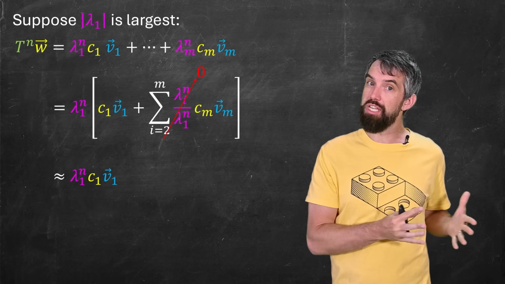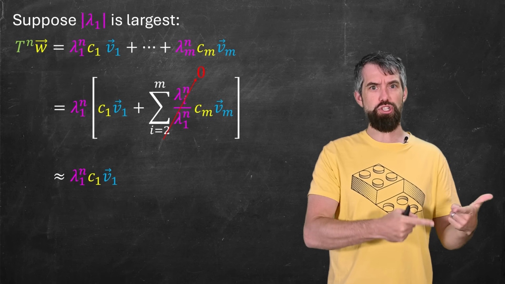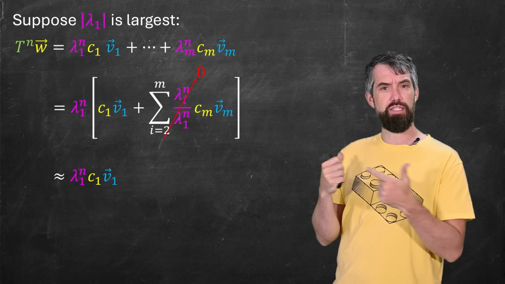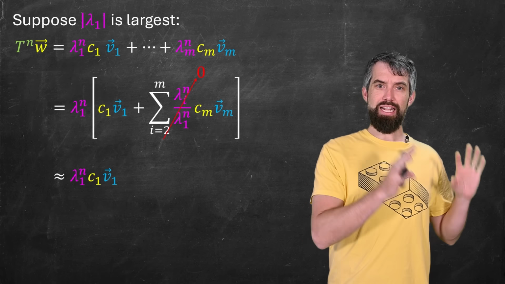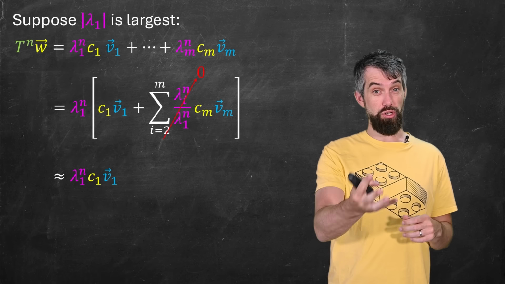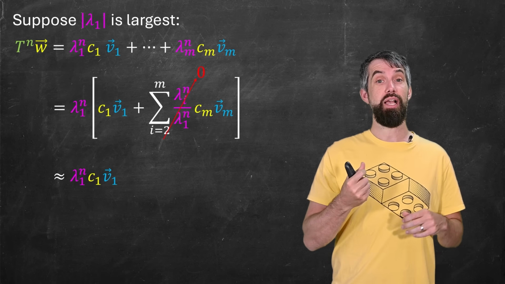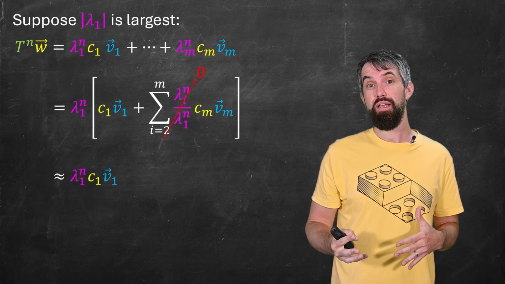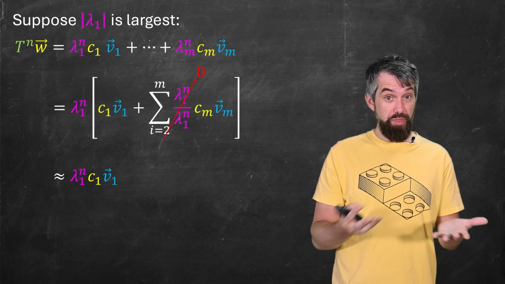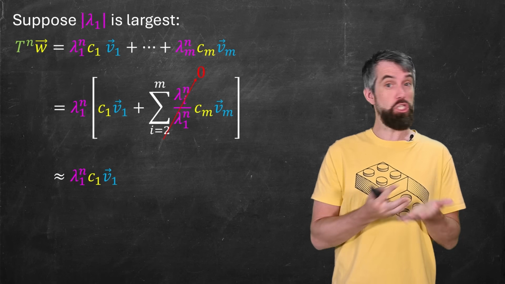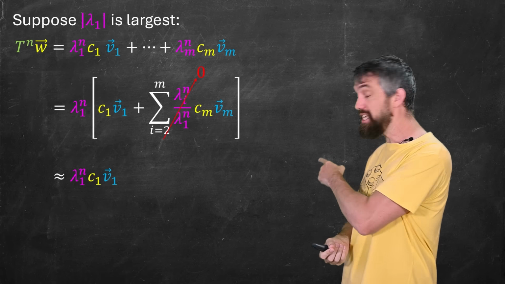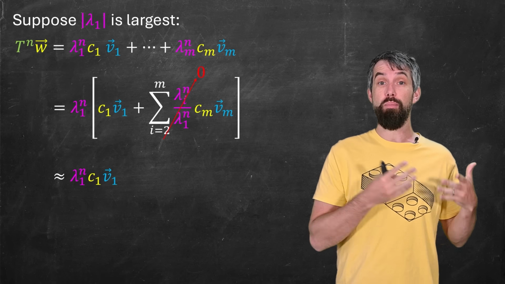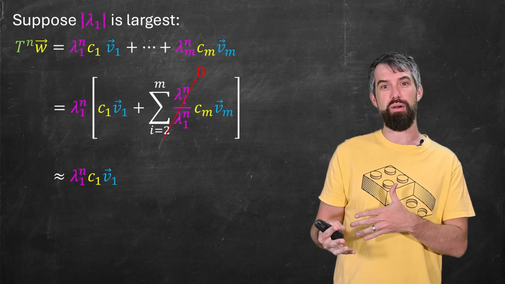It's not the original w. It's just the portion of that w that's in this v1 direction. But then that stretching factor doesn't multiply the original w, it multiplies the first eigenvector. So this is why over time the distribution that we got just looked like that first eigenvector. As we see, the approximation here is it becomes multiples of that first eigenvector.